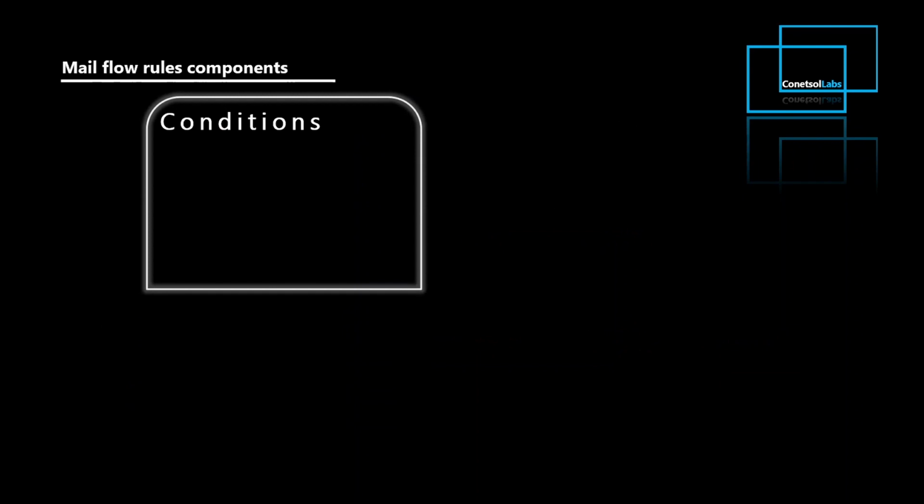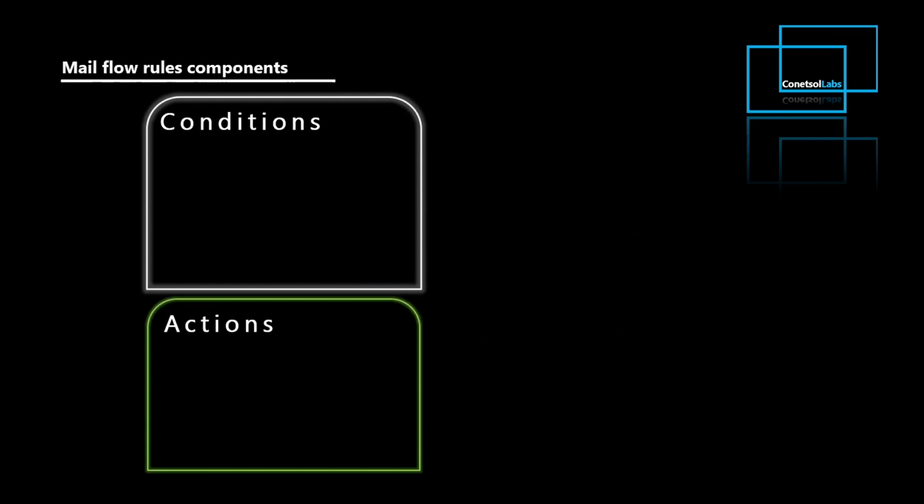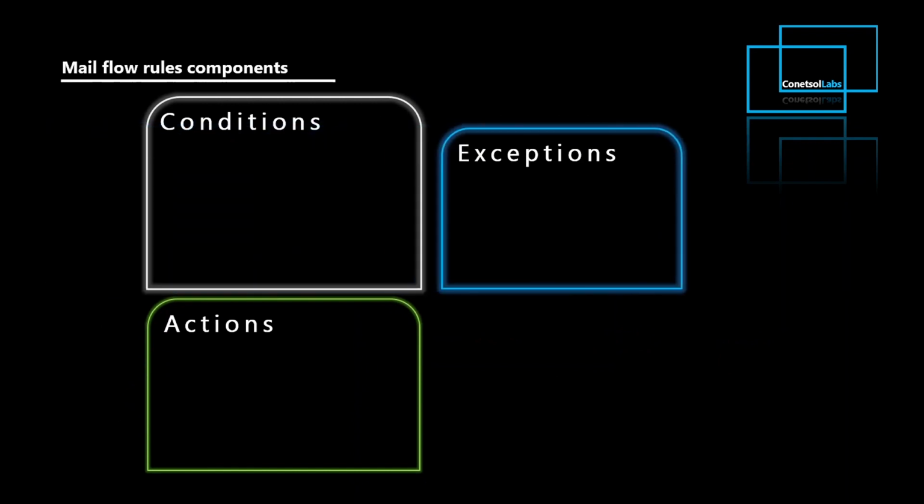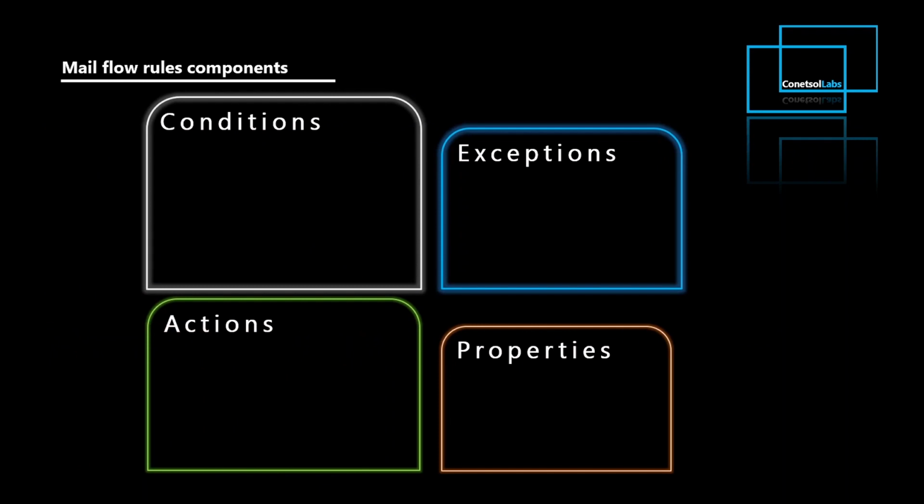Now we will discuss mail flow rule components. What are the conditions, actions in a rule, its exceptions, and its properties? A condition can be message header fields and message properties.